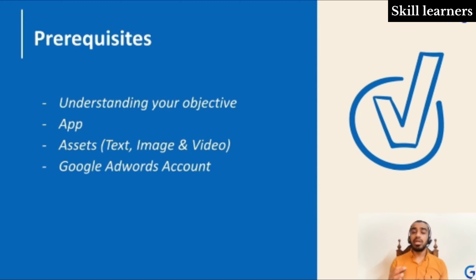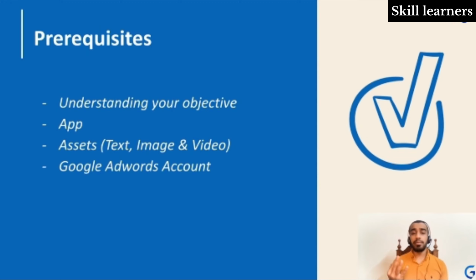You can just search for some app out there and test it out. If you just want to try out how to launch a UAC campaign, you can try it out with a different app out there. So that shouldn't be an issue. I can show you how to do that. But if you're looking at promoting your own business, you would definitely need to have an app to actually use this campaign to scale your app.